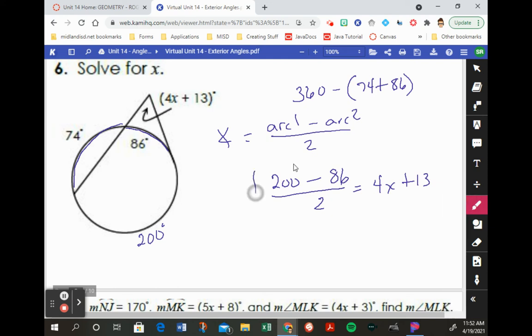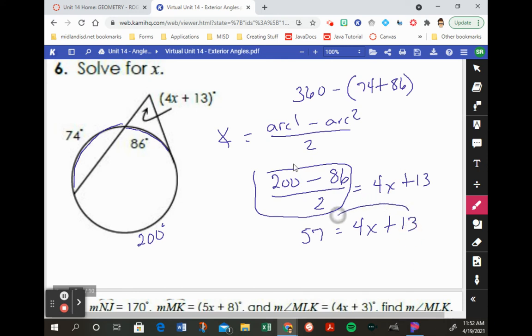I'm going to work this part first. So I have 200 minus 86 and then divide by 2. I get 57 equal to 4x plus 13.